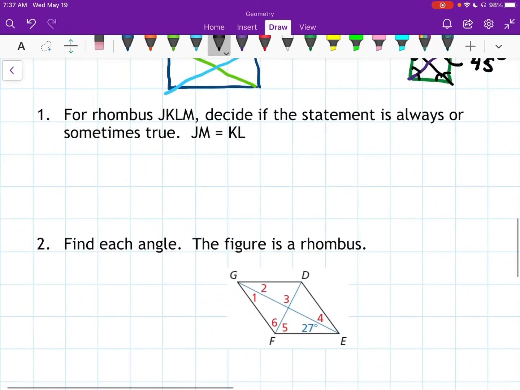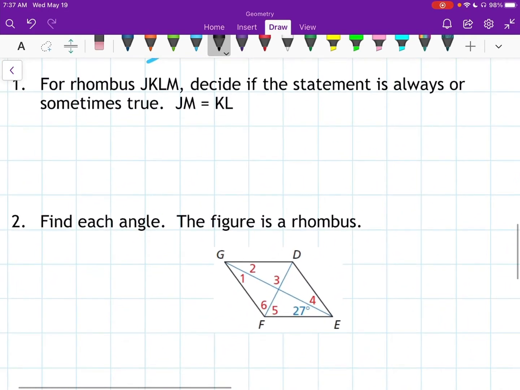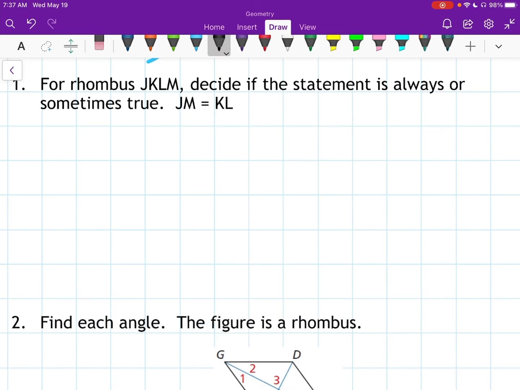All right, example number one. For rhombus JKLM, decide if the statement is always or sometimes true. JM equals KL. So let's draw a picture here so that I can know about what I'm doing. So we've got J, K, L, M. And what it's wanting us to decide is if JM is equal to KL.